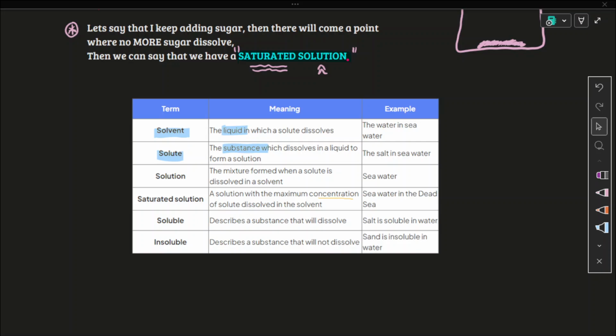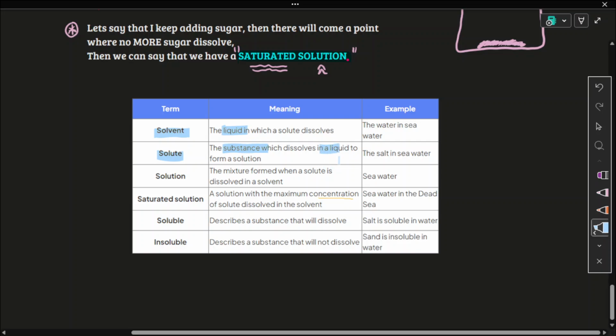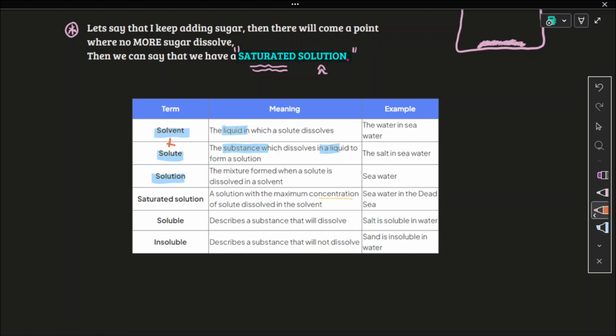The solute is the substance which dissolves in the liquid to form a solution. A solution is when solvent plus solute come together, the mixture.